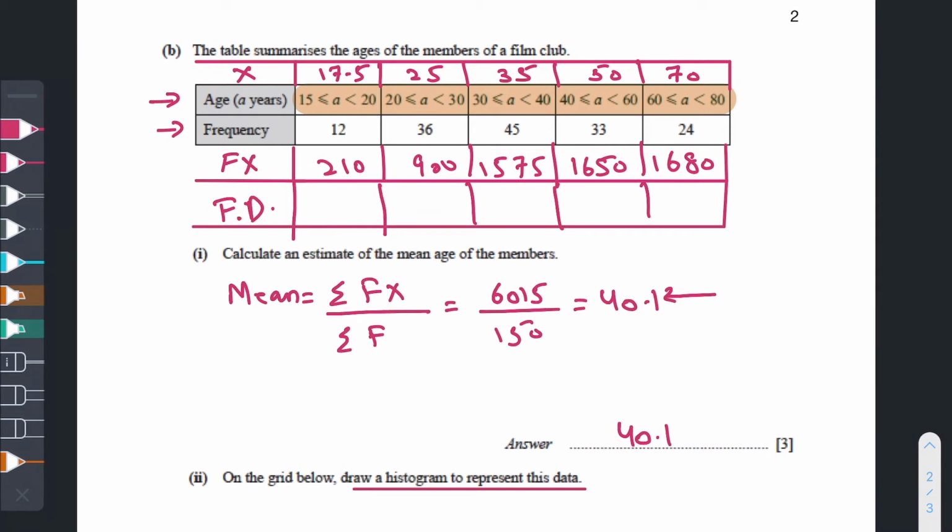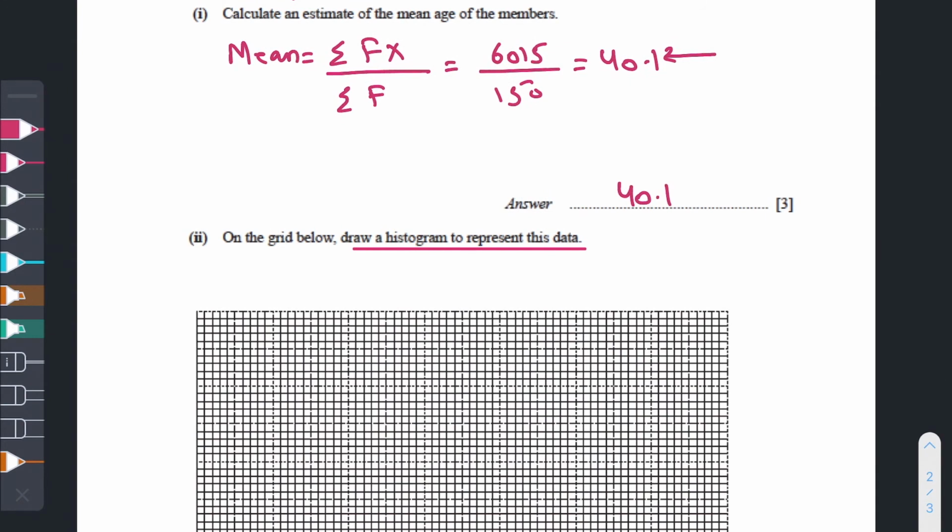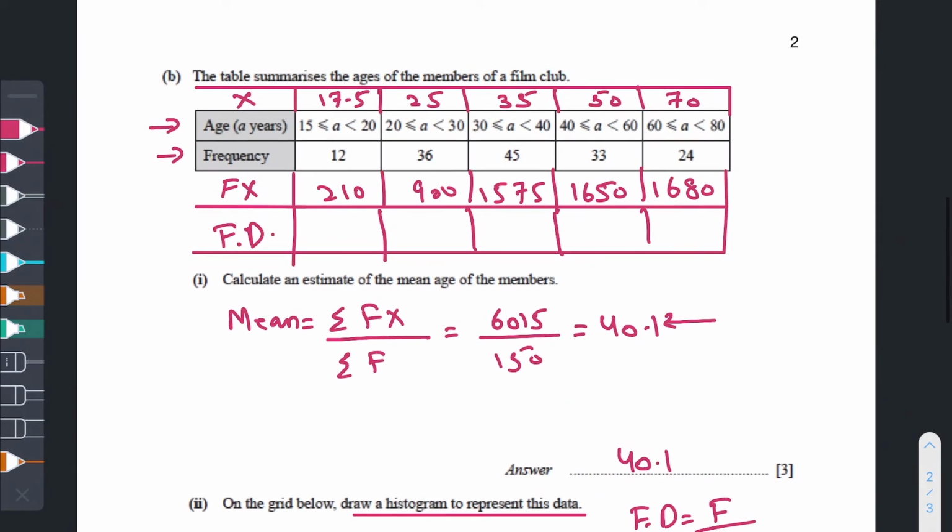So first of all, I'll give you a small example over here. Frequency density is calculated when you divide frequency by the class width. So if you look at the first column, frequency is 12 and the class width is 5. You do 12 divided by 5 and you get 2.4. That's the first frequency density. You apply the same on the second one as well.